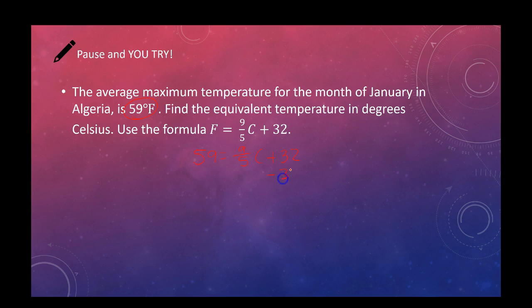Okay, so we'll subtract the 32, and that's going to give you 27 equals 9/5 C. Divide by the coefficient, so even though it's a fraction, don't let that change your process. Divide by the 9/5 there, so 27 divided by 9/5 would end up giving you an even 15. So that would mean 59 degrees Fahrenheit equals 15 degrees Celsius.